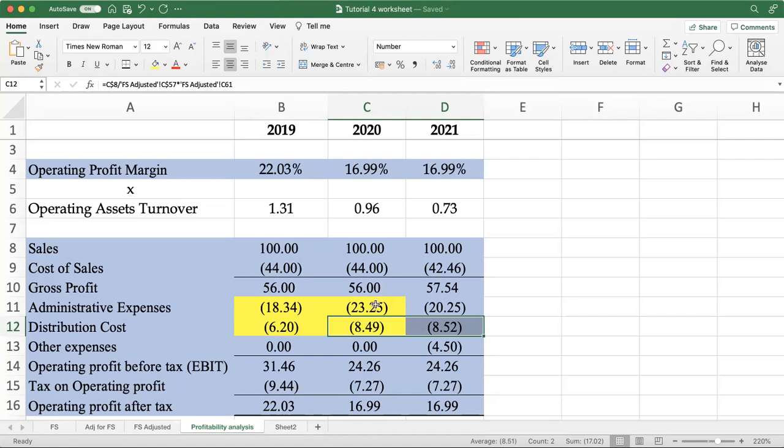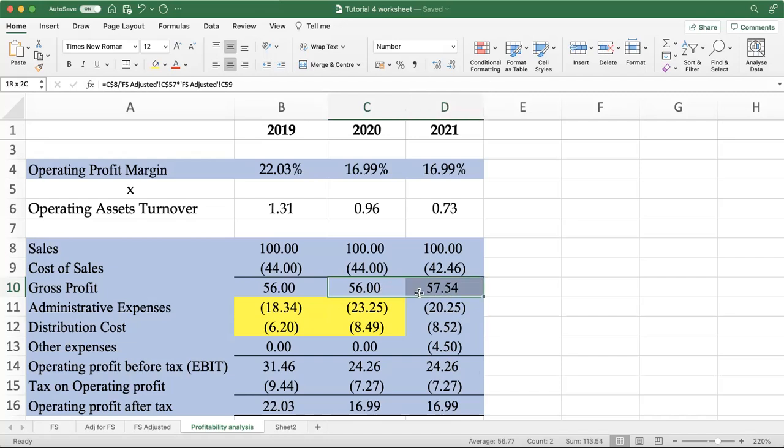Right. Now you see, gross profit margin has gone up. You have spent money for certain additional distribution activities, and there are certain other expenses that have not been in 2020. Your increased gross profit margin has been compensated by these additional expenses.